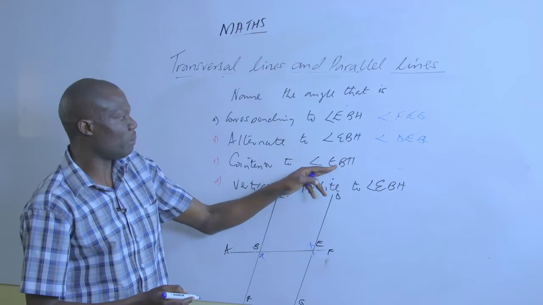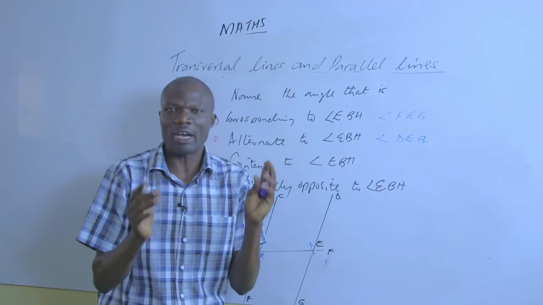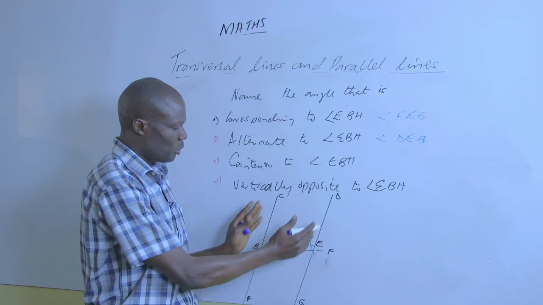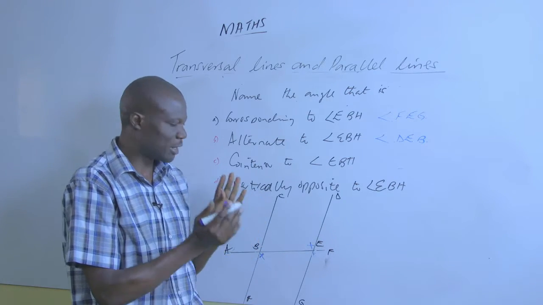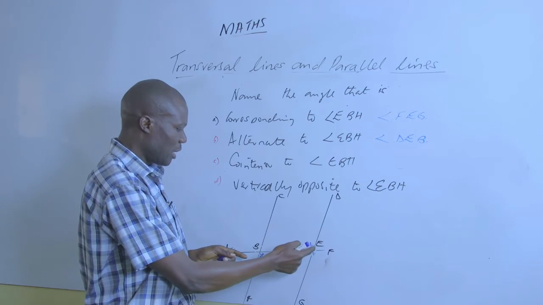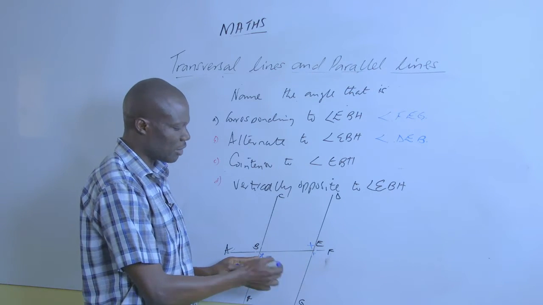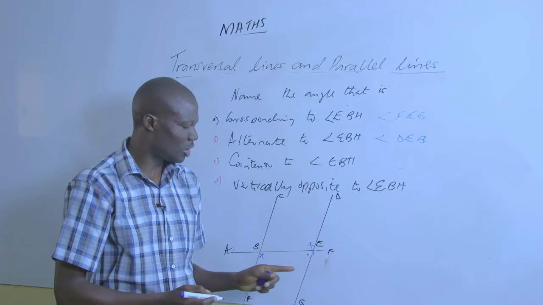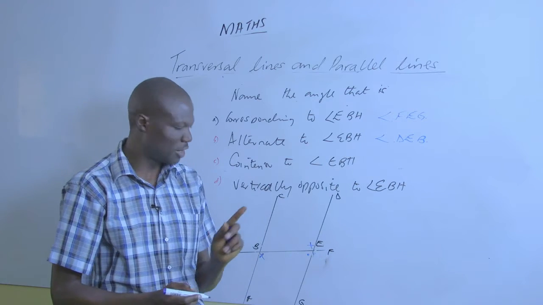Co-interior to EBH. Co-interior are the angles which are inside the two parallel lines but on the same side of the transversal. So if we have EBH as this, then the co-interior should be this one here. I've used a dot because the two angles are not equal.